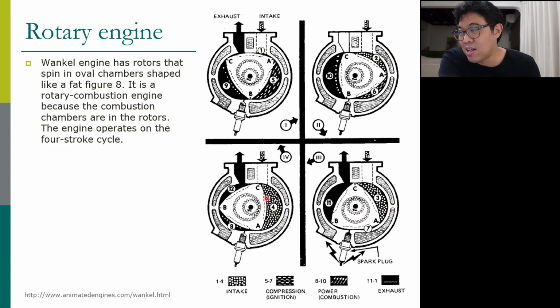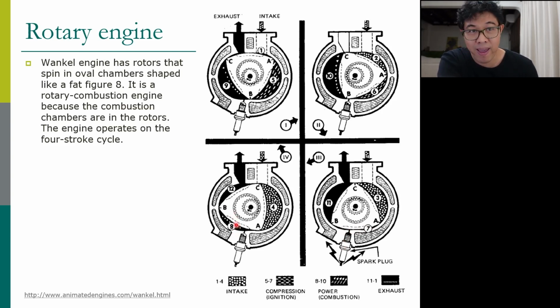Now the rotor closes the port, right? And then 5 is closed and 5 is smaller, so it starts to compress the air fuel mixture. 6 compresses into a smaller volume. 7 is very small. Now you ignite the air fuel mixture. Inside here is compressed air fuel mixture. After you ignite, the mixture is burned, it expands and pushes the rotor.